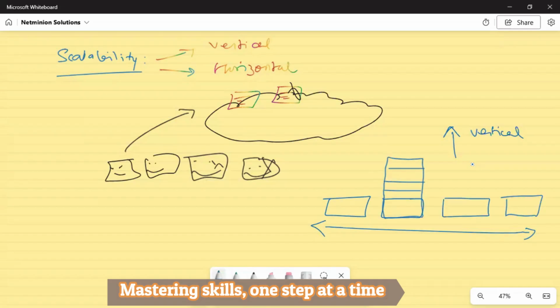So for vertical scaling, let us say you are developing some kind of app, or you have a seasonal sale, and you need more processing power. You can scale up vertically: add more CPU, RAM, storage, virtual machines, whatever.